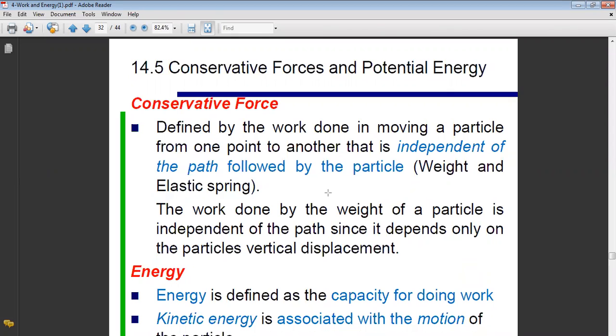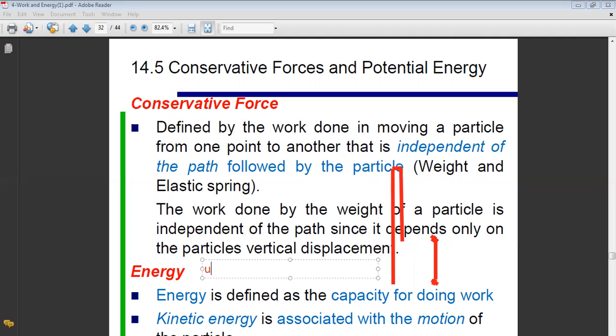For example, if I have an object initially at this point and I move it to point 2 here, instead of going straight from 1 to 2, if I go up, then go down, the work of the weight will not be affected. Why? Because we have demonstrated together that the work of the weight is what?